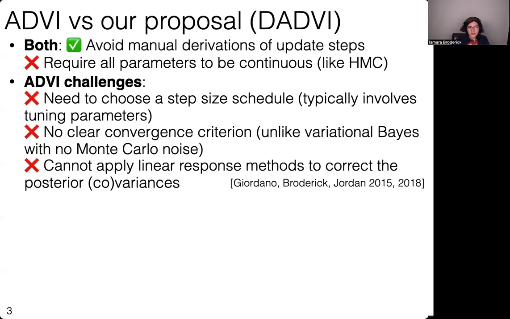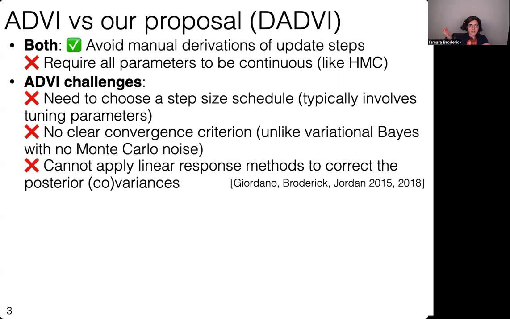Another issue we said earlier is that ADVI inherits this issue of misestimating posterior variances. This can be true of both mean field and full rank ADVI. We're actually going to see that explicitly later on in experiments. Now, there's work we've done in the past that points out that you can do a linear response correction to the covariances to get better posterior covariance estimates.